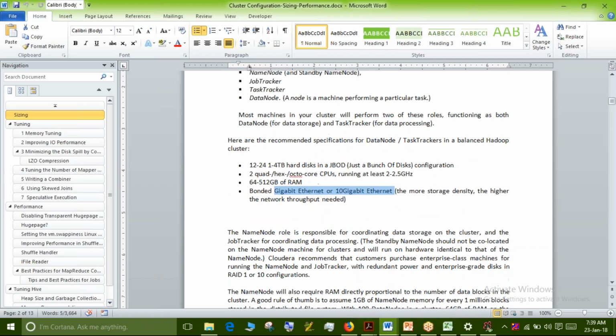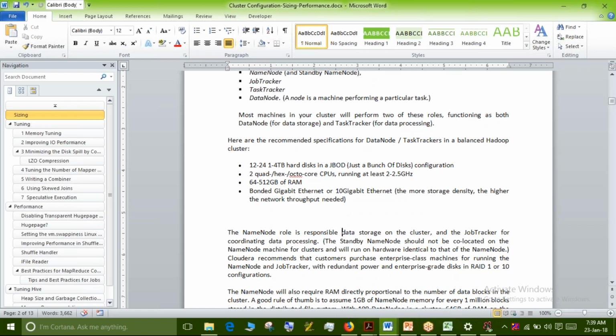The name node is responsible for coordinating. See here, if this word goes off, the entire meaning gets changed. Name node is responsible for coordinating data storage on the cluster and the job tracker for coordinating data processing.